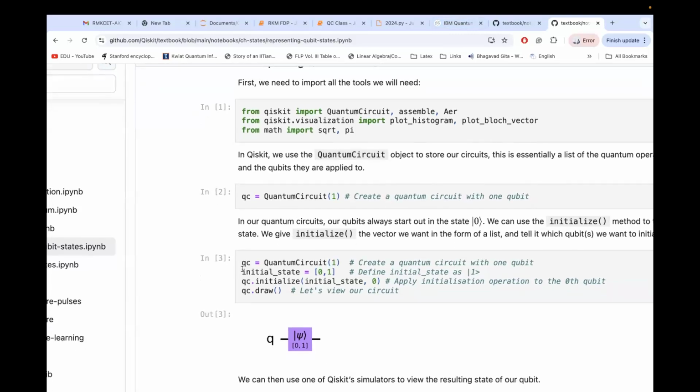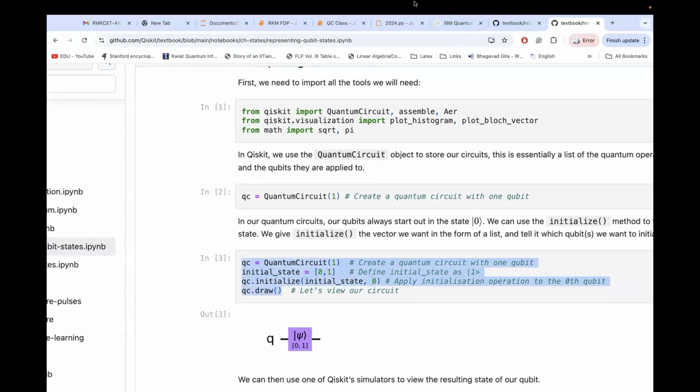But instead of that, if you want to initialize the system in some specific state, you can define that. Like here, the initial state is 0, 1. And what we have to do for that? QC dot initialize initial state, 0. That means for the 0th qubit, you are going to initialize this state and you are drawing that circuit.